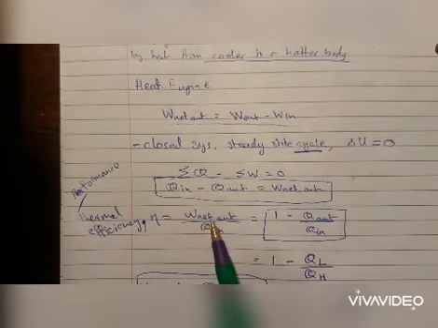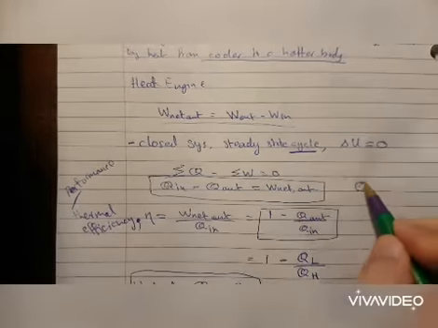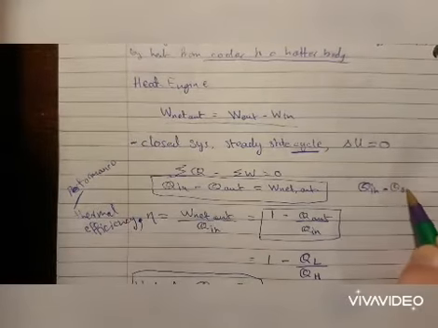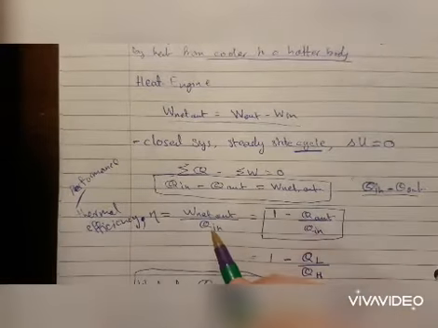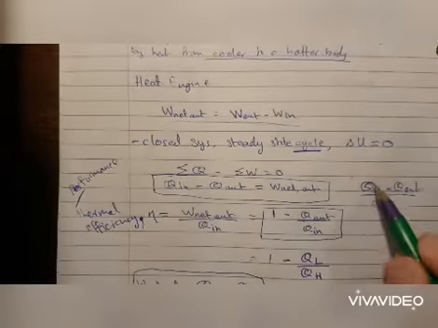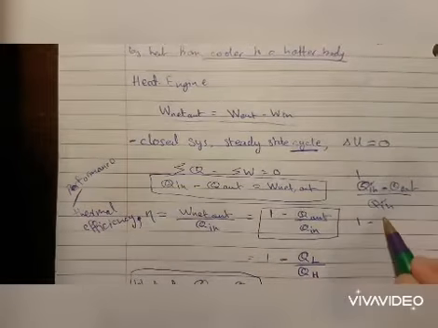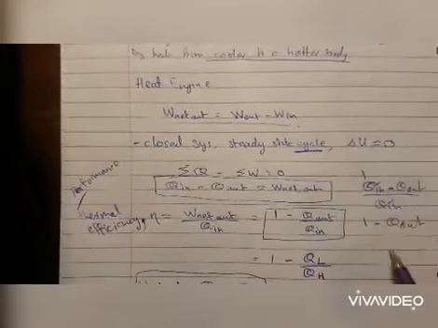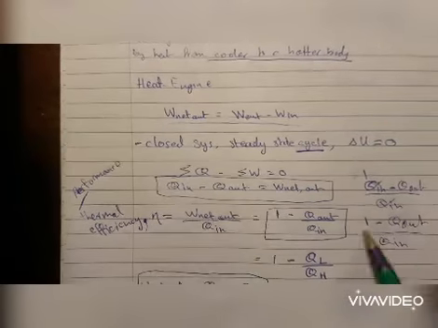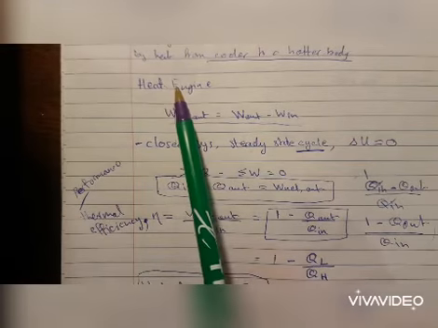When we sub that in over here, we get Q in minus Q out divided by Q in. So if we divide it individually, these cancel out, this becomes 1. So 1 minus Q out over Q in. So that's how we derive thermal efficiency for a heat engine.